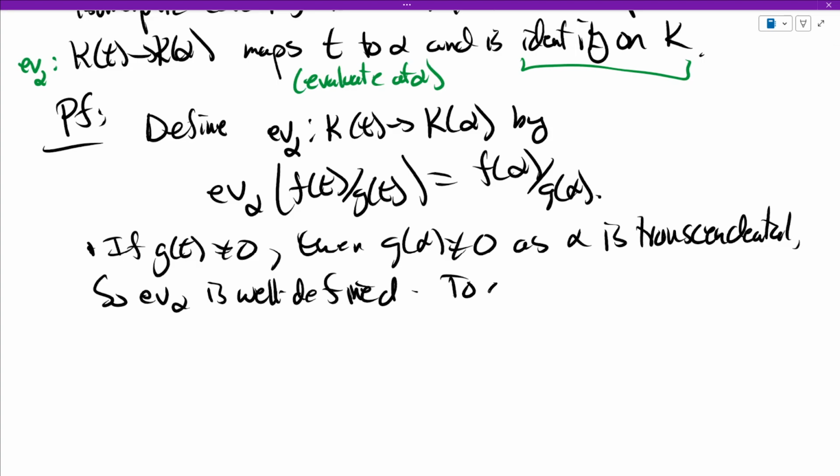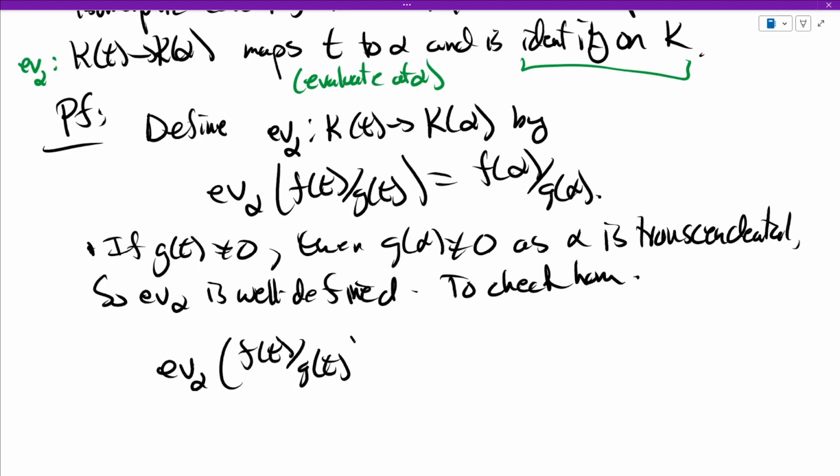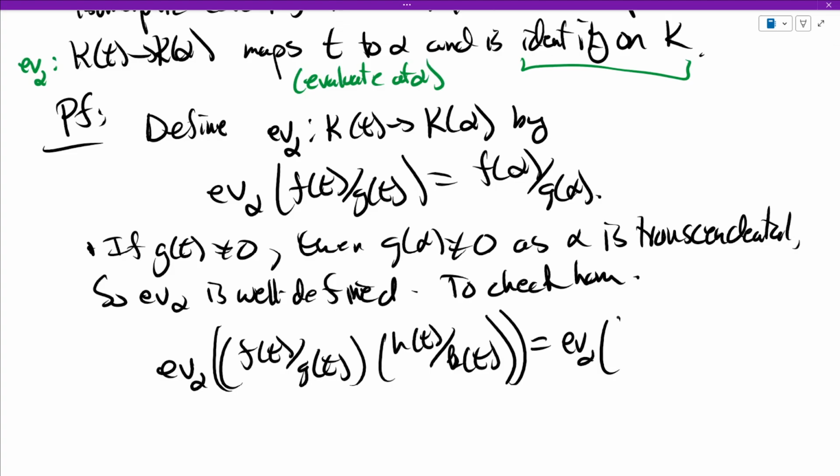So to check homomorphism, we do multiplication first because I don't want to do common denominator stuff. All right, so this is multiply before, then evaluate, and this is evaluate after.